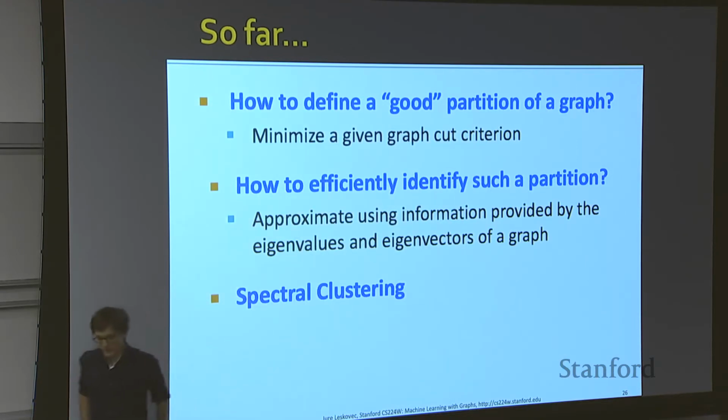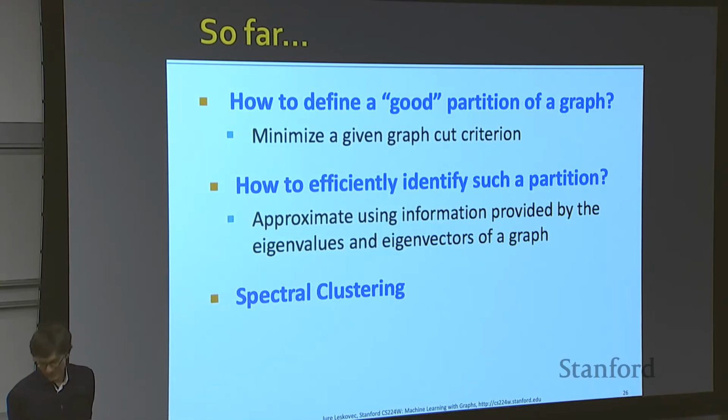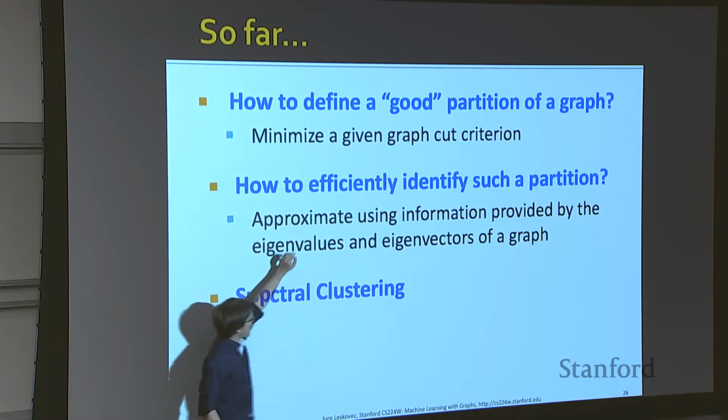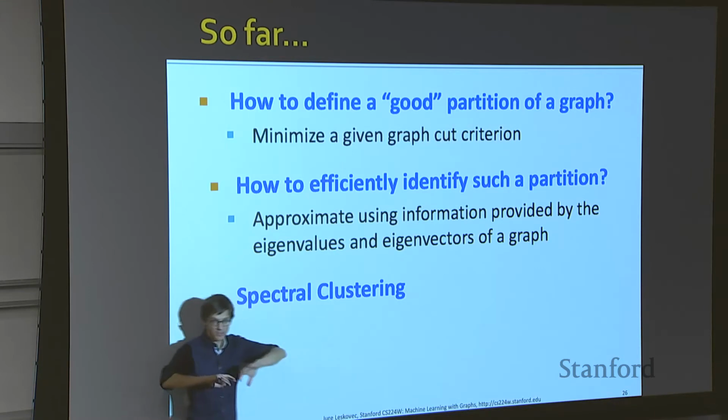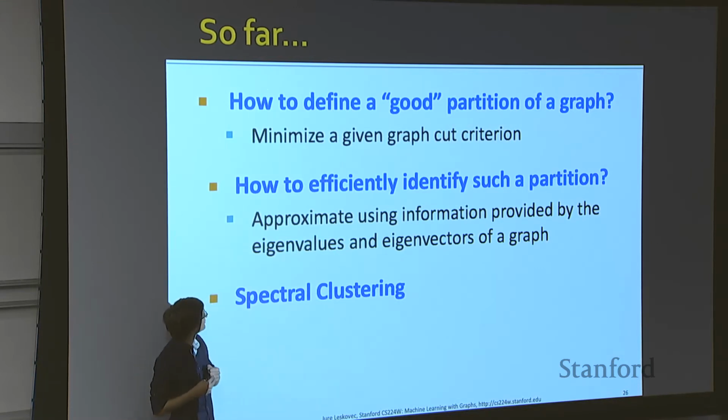This is what I wanted to tell you about the mathematics of this, right? So what did we do? We defined the score for the goodness of the graph, which is called conductance. Then we said, how do we efficiently identify the partitioning that achieves good conductance?